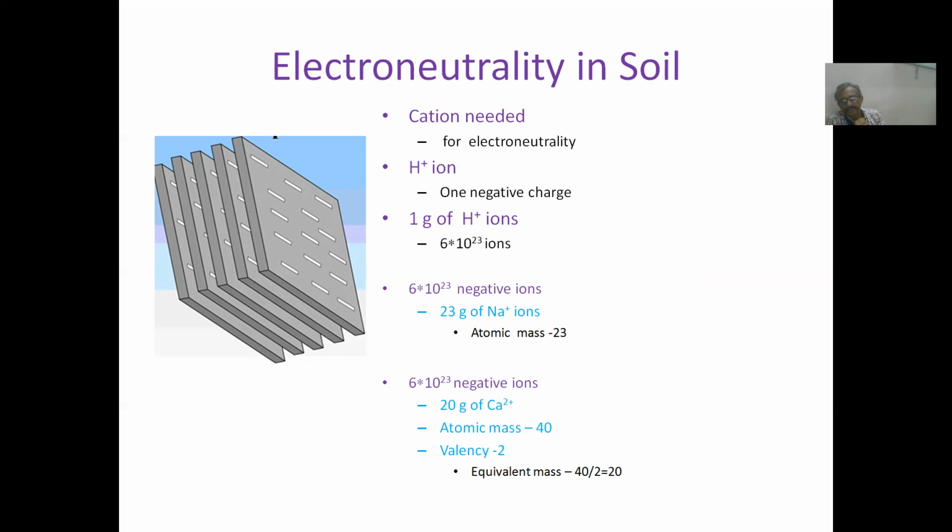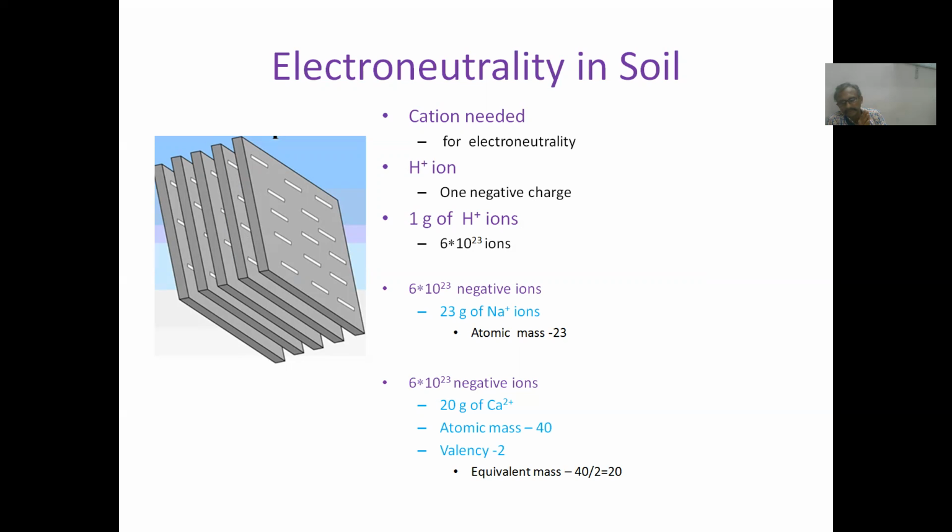Instead of sodium, let us assume that in order to neutralize the same 6 into 10 power 23 negative ions, we use calcium. In that case, we may have to use 20 grams of calcium, because the atomic mass of calcium is 40 times heavier. But each calcium ion supplies 2 positive charges, because its valency is 2. So its equivalent mass becomes 40 divided by 2, 20.